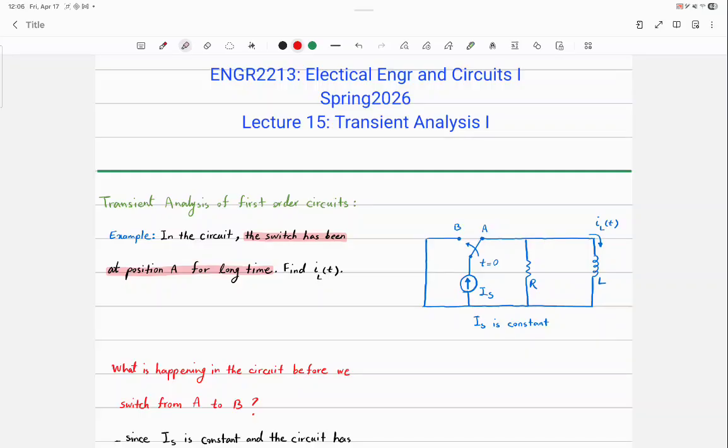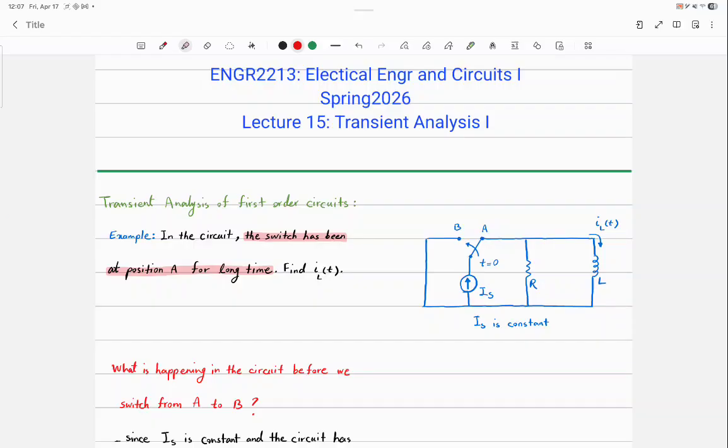Now, this is the circuit, and the first thing I want you to understand is how the switch works. So the switch goes from A to B at t equals 0 based on the circuit. Do you see that? There's an arrow going from A to B, which means at t equals 0, the connection goes from A to B. Now, what does it mean?